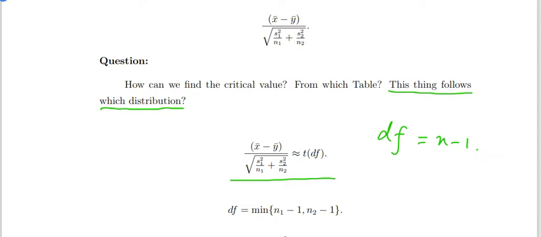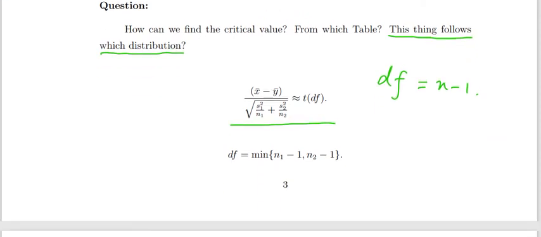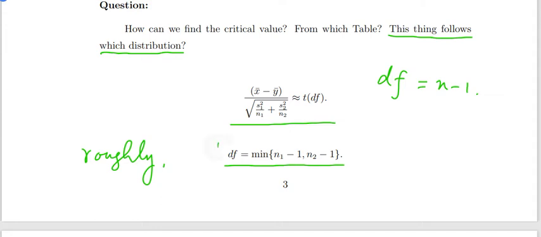Here again, the exact formula for the degree of freedom is quite complicated, so roughly we just use this: we take the minimum, the smaller one of n1 minus 1 and n2 minus 1. n1 minus 1 is the degree of freedom from sample 1, n2 minus 1 is the degree of freedom from sample 2. So we just pick the smaller one.